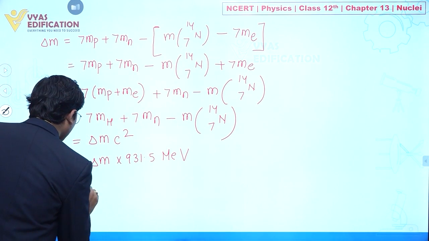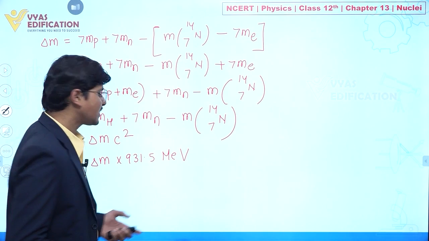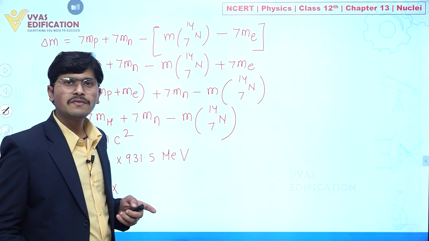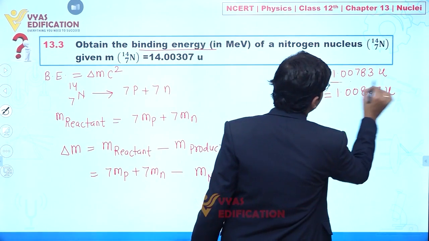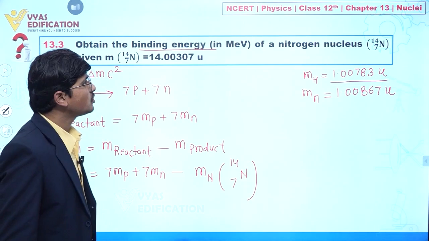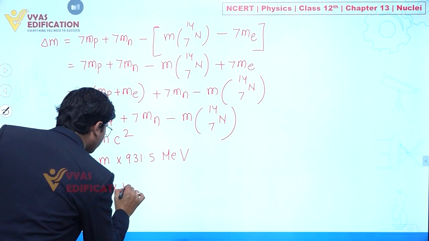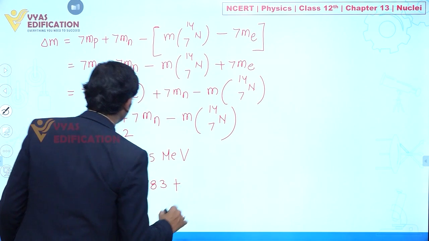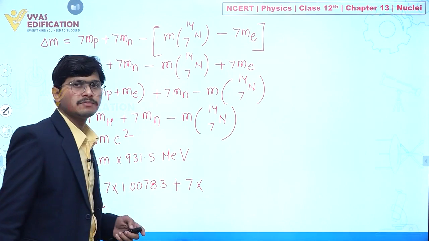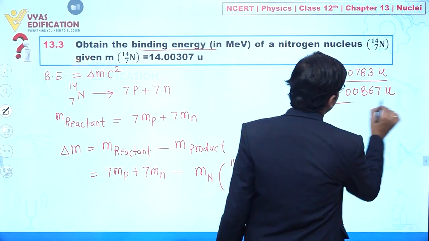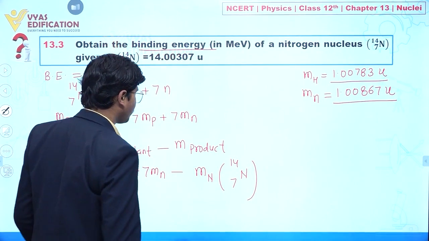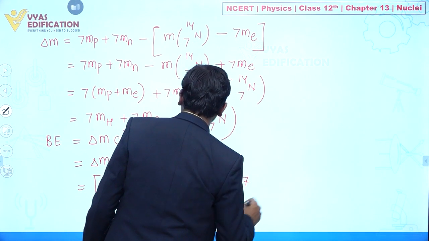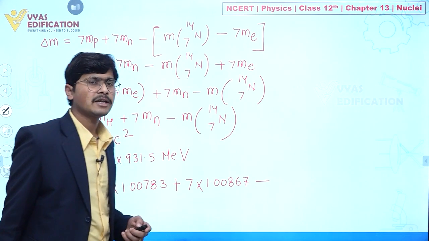So now the mass defect that I am getting, I am writing all these values: 7 into the mass of hydrogen, which is given as 1.00783, clear, then plus 7 multiplied by the mass of neutron, 1.00867, clear, then minus what is the atomic mass.